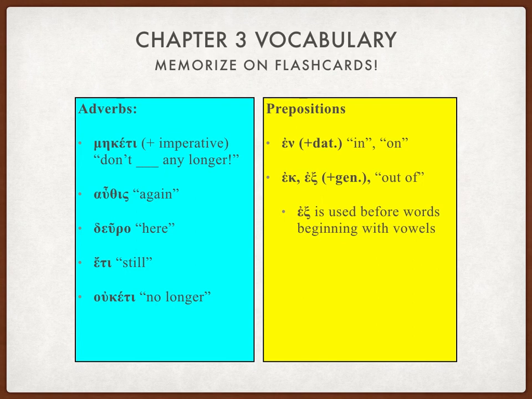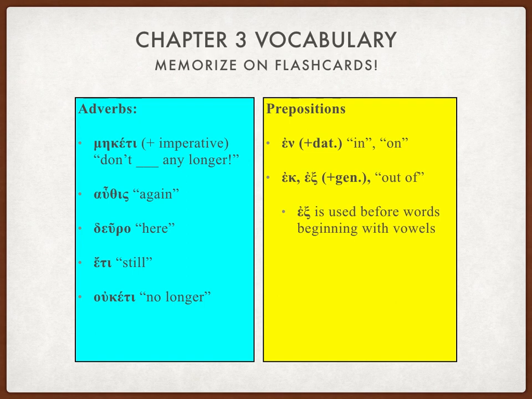A couple prepositions. Remember, with prepositions, you have to memorize both the word itself and the case that it goes with. Sometimes different prepositions can take different cases. These are very important ones that you'll see all the time. The preposition en takes the dative and means in something or on something. It can mean both, inside something or on top of something. In or on, en plus the dative.